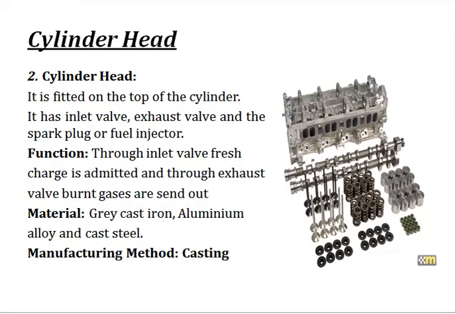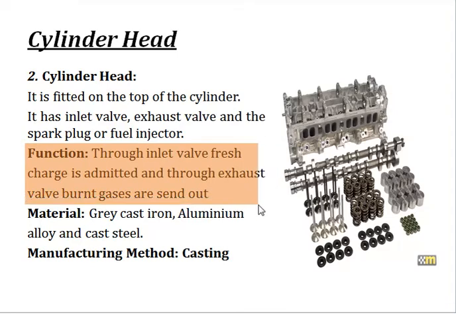What is the function? Through the inlet valve fresh charge is admitted, and through the exhaust valve burnt gases are sent out. So the main function is to hold the valves: the inlet valve takes in the fresh charge, and the exhaust valve throws out the burnt gases. Now what is the material of cylinder heads?